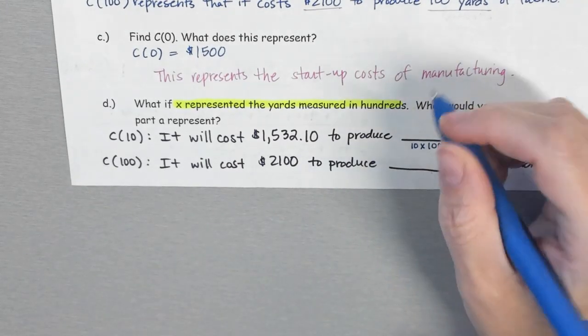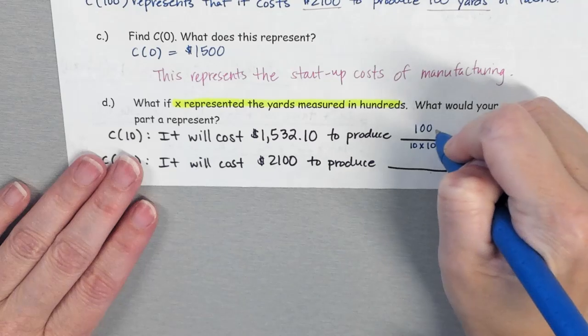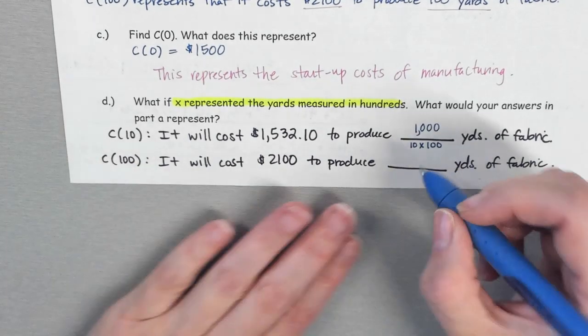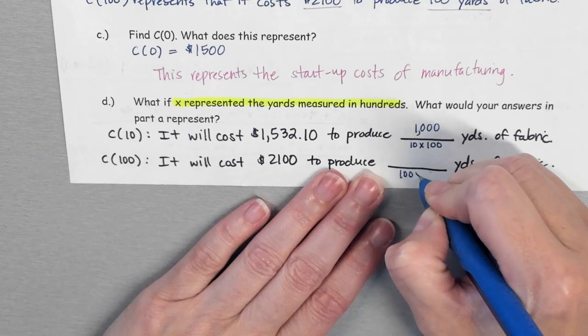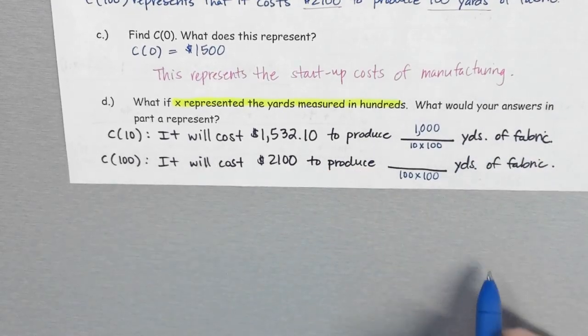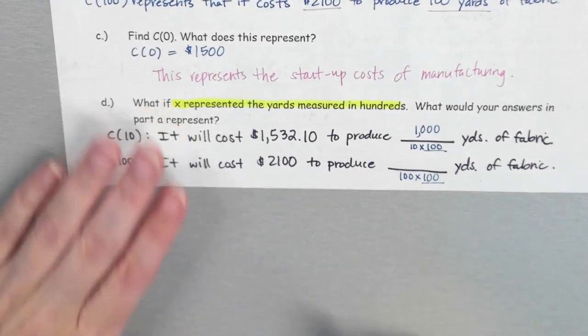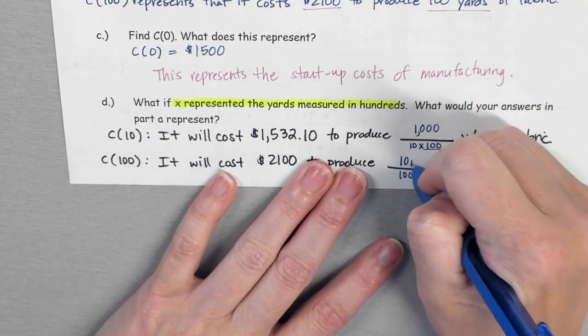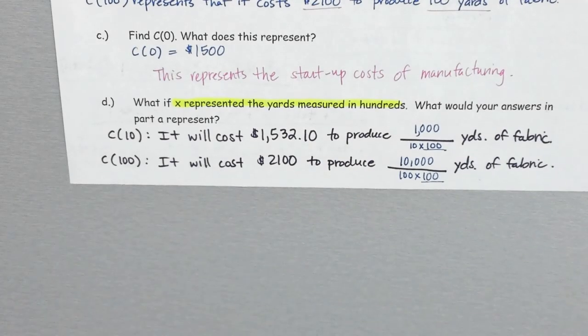It's like the 1 times the 1, and then you have your 3 zeros. So it would produce 1,000 yards of fabric. And then for this one, if it's 100, again, because it's measured in hundreds, you multiply by 100. What's 100 times 100? 10,000.